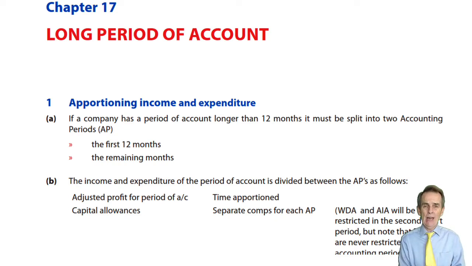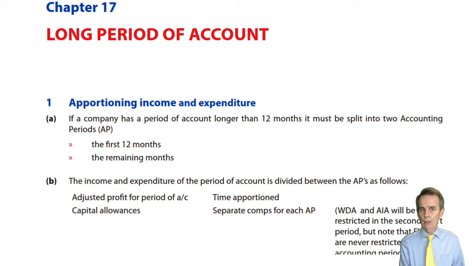But if, as here, we have a long period of account, one of more than 12 months, then we are going to be required to split that long period of account into two separate corporate tax computations, two separate accounting periods. The reason being, a corporation tax computation cannot exceed a period of 12 months. So if we prepared accounts for, say, a 15-month or an 18-month period, then we have to divide into two computations.